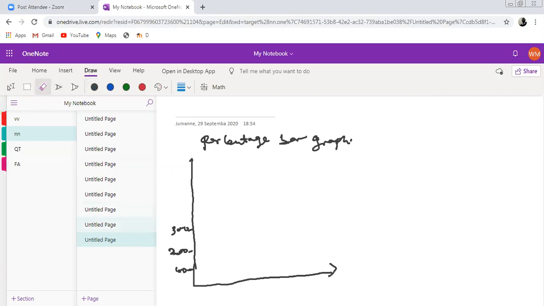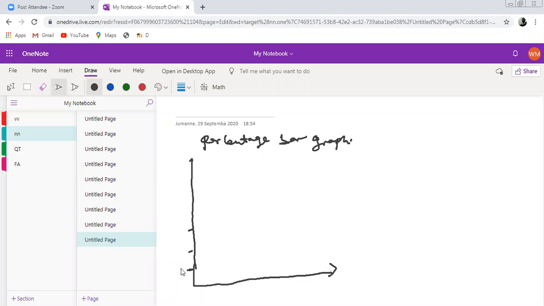With the percentage bar graph, it's actually very simple. We normally have it up to 100%. All the bars have the same height. So we can have, this is 10%, 20, 30, up to 100.